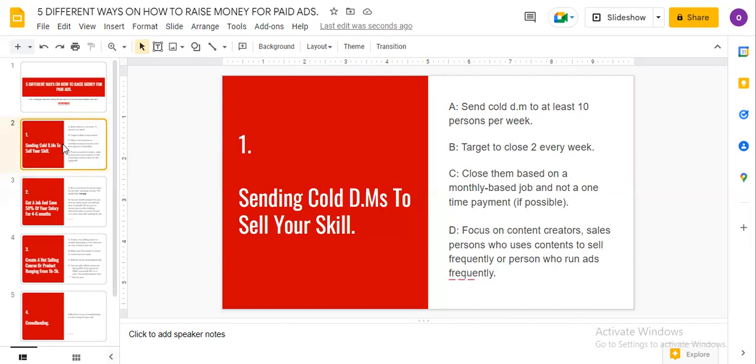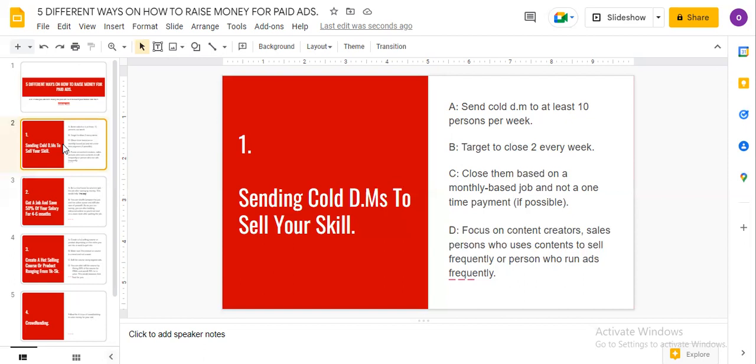Now, a salesperson who uses content to sell frequently is also a content creator, but I just niche down into salespersons who use content to sell every day. It's just like someone who owns an online brand and wants to use content to sell every day. They are actually the same as content creators. So the last is persons who run ads frequently. This set of persons too can pay you monthly.